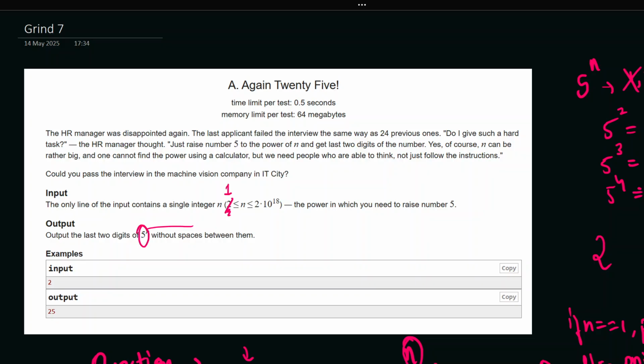So as you can see, the last two digits of every power of 5 is 25, and it continues because 25 into 5 is always 25, correct? So last two digits will always remain 25, hence the output will just be 25. S out means system output, right? Good. So coming to problem number 2.